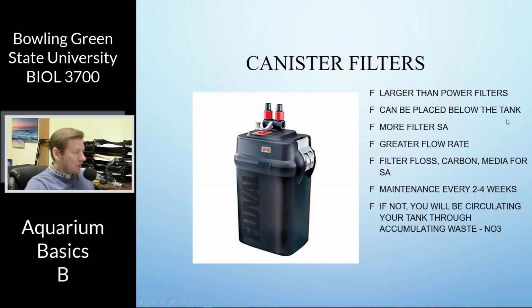They're nice. You can move them underneath your aquarium or out of the way somewhere. They do produce great flow rate, and you can build it however you want. You can put filter floss, carbon, zeolite, nitrifying media, bacteria media, whatever you want. But really, you've got to take them apart regularly and maintain them, or they start to get pretty nasty.